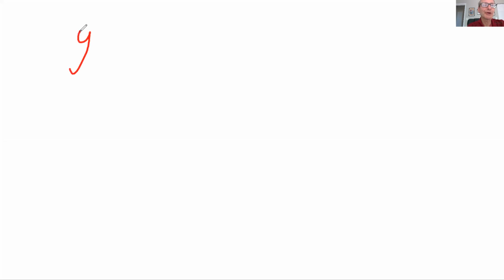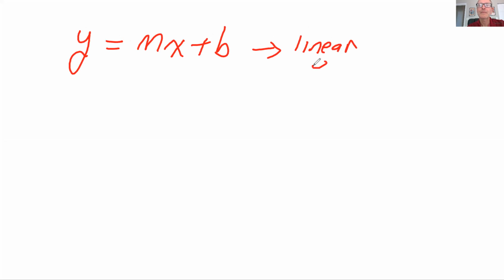In algebra, we use the equation y equals mx plus b for a linear equation. And in statistics, they still use the y, but they put a little hat on the top, right? Because it deals with data. So the m is actually a b. So it would look like this: bx plus a.